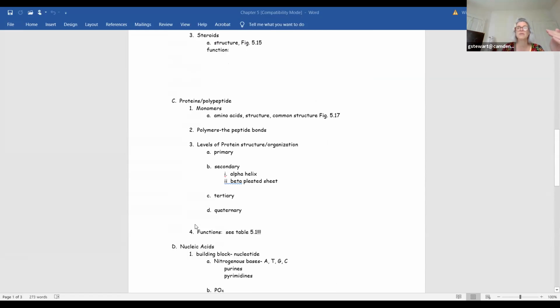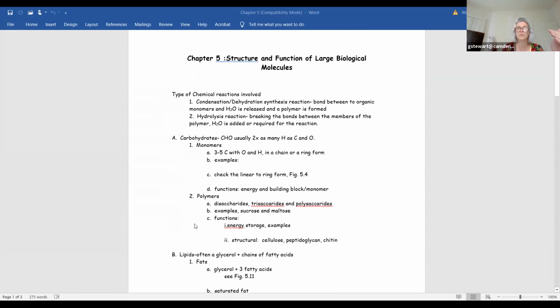For each of those molecules, you need to be able to visually recognize the building block, or what we call the monomer, and the polymer. The building blocks, the monomers, and the polymers usually have different functions. So you're going to need to be able to recognize them and then tell me what their functions are in cells. The whole chapter is just examples of this, the whole thing.